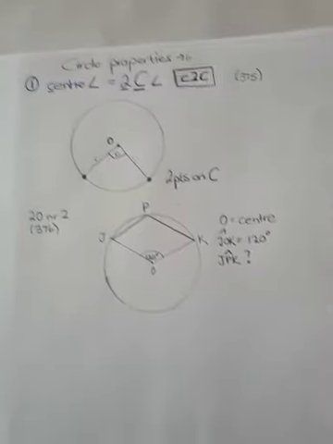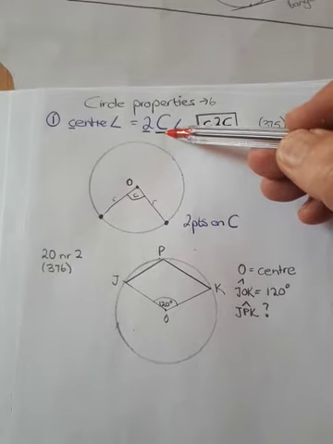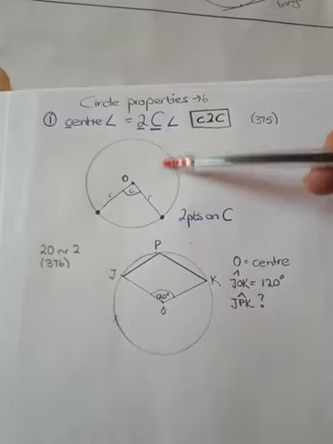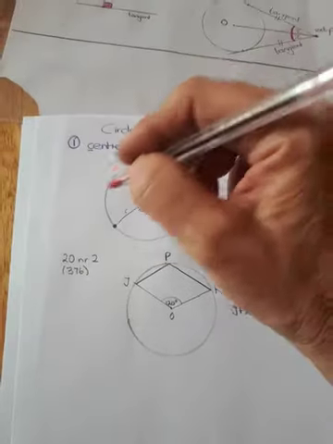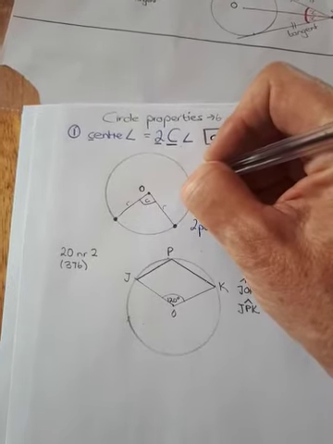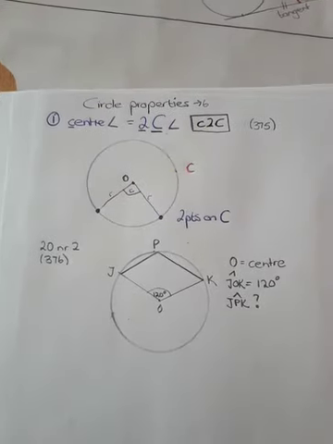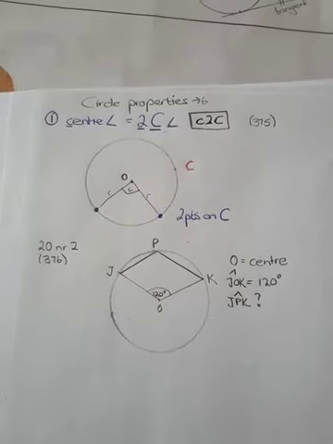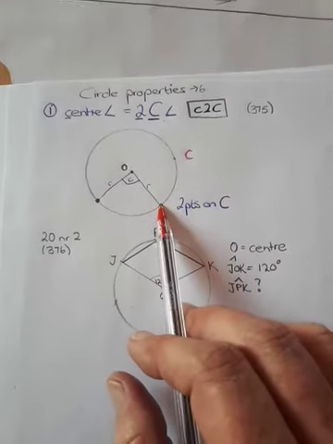Then the second part is that it is equal to twice a circumference angle. What is a circumference angle, people? It must obviously lie on the circumference, and it can be at any point on the circumference. So let me choose this point on the circumference. And now important, it must be formed between the following lines from the original 2 points.